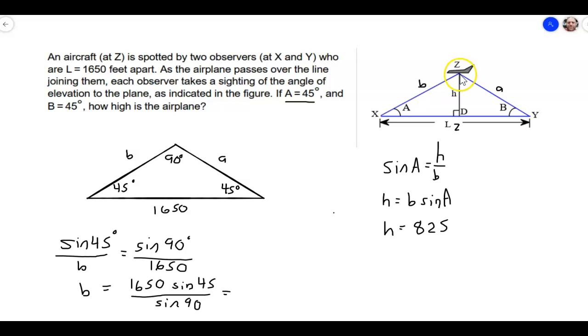So they gave us really nice angles to do this with, and like I said before, we could have done this a lot easier if we would have just said, hey, I know that A and B have to be equal to each other because this is an isosceles triangle and it's also a right triangle.